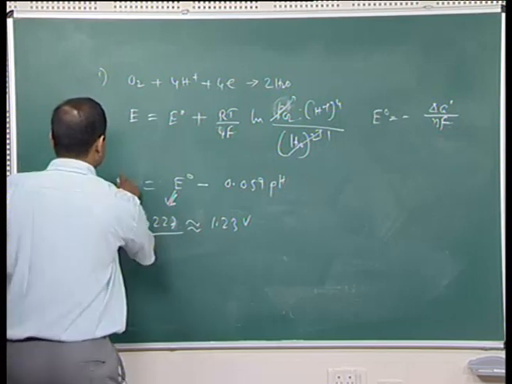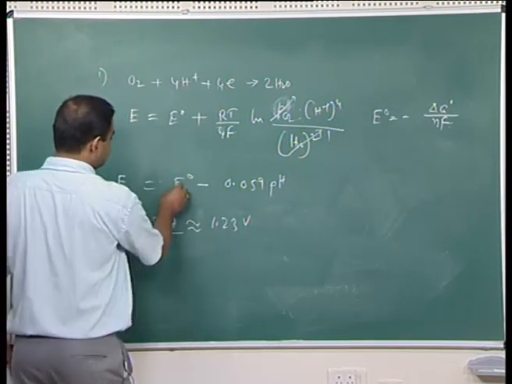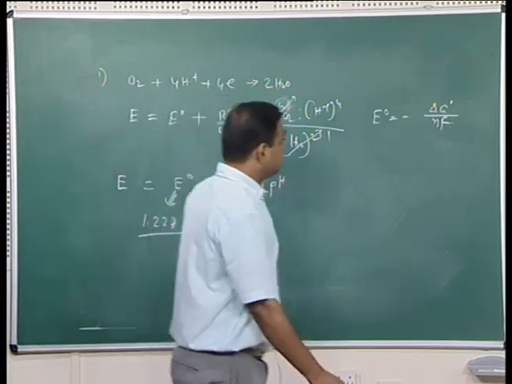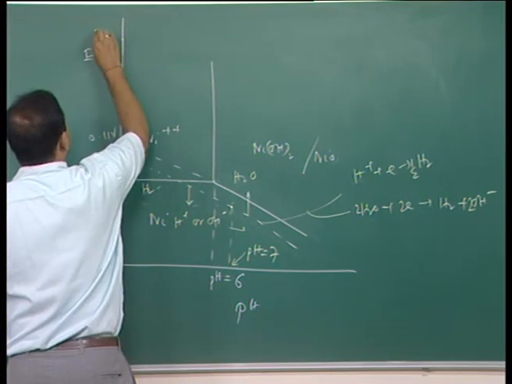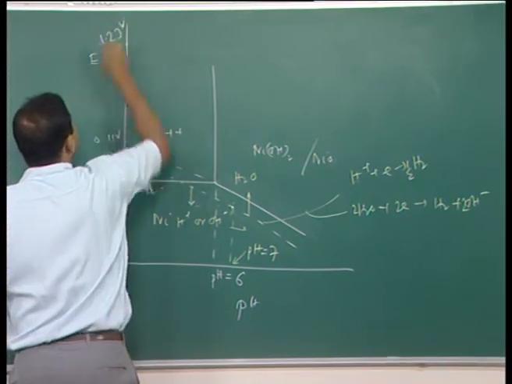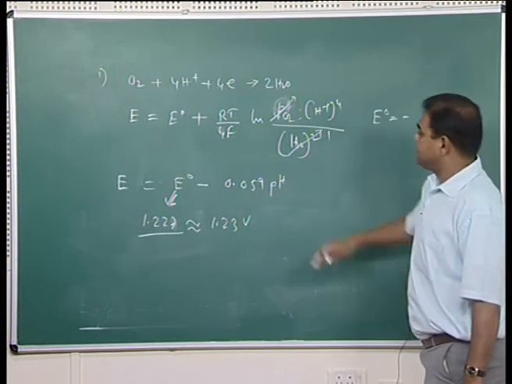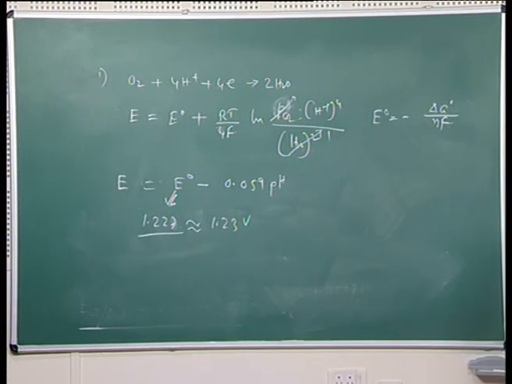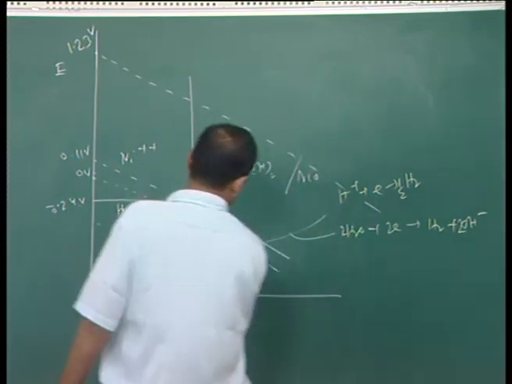So, this is another relation, and at pH 0 this potential would be 1.227, about 1.23 volt. From that, this straight line equation with a negative slope of 0.059 would start at pH 0, and it would move like this, parallel to this line.